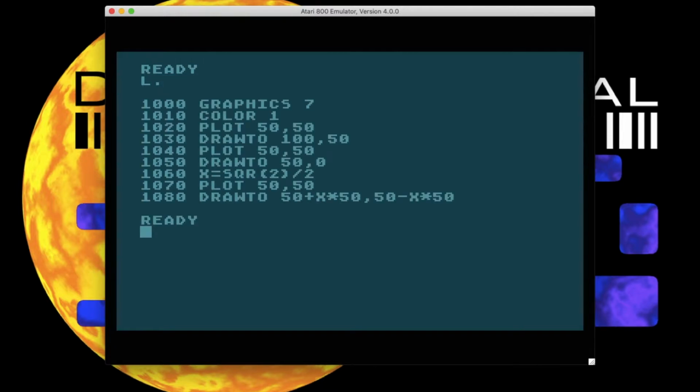And see how few iterations we can get it to work at with just a numerator variable and a denominator variable in Atari BASIC. So we need to look at some limitations. We need to find out what the biggest number you can get in Atari BASIC.